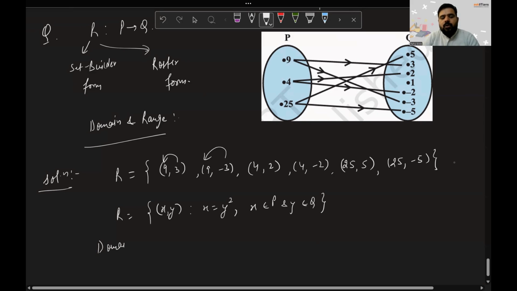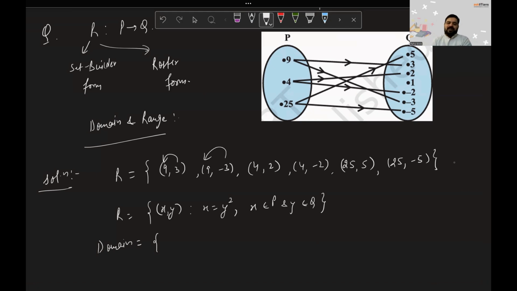Now we'll be writing the domain. What was domain? Collection of second elements? No. Collection of the first elements, right? So for the collection of first elements, we have 9, we have 4, and we have 25. These are the elements that are there as the first element of the ordered pair, right?